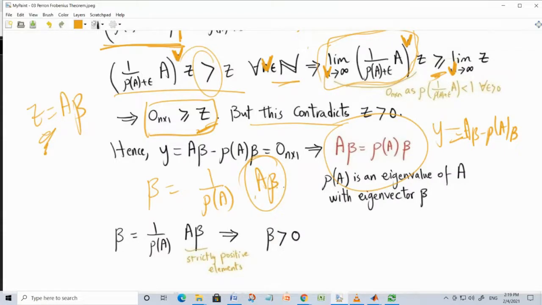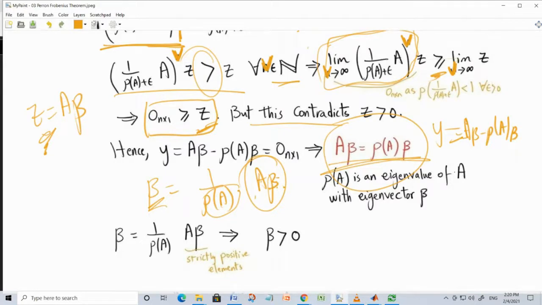So A beta is strictly positive, and we are dividing by a positive number. And A beta over rho of A is beta itself because we established this equation. So beta is strictly positive. So not only is rho of A an eigenvalue, the associated eigenvector has strictly positive components.